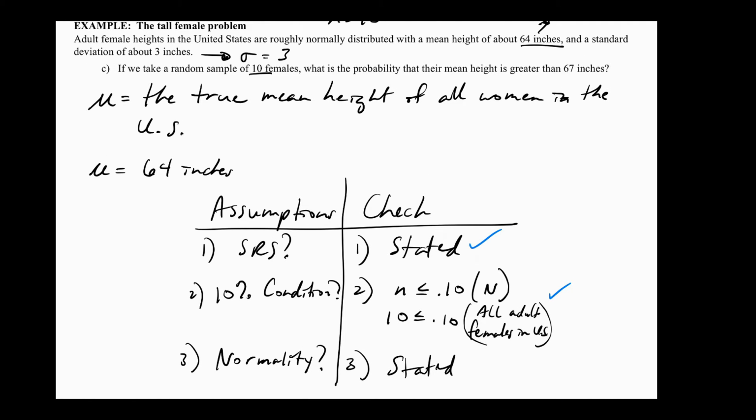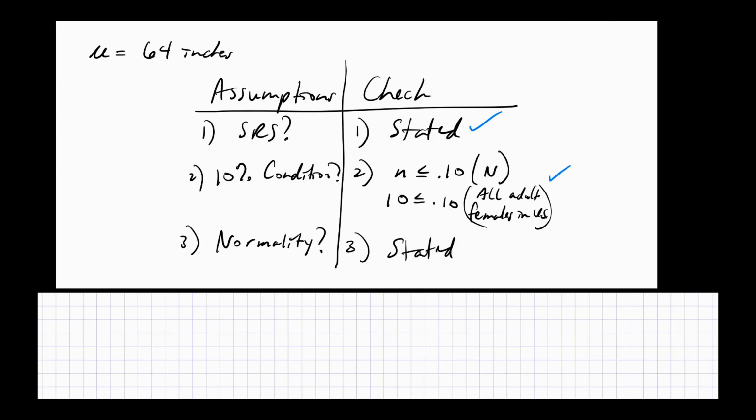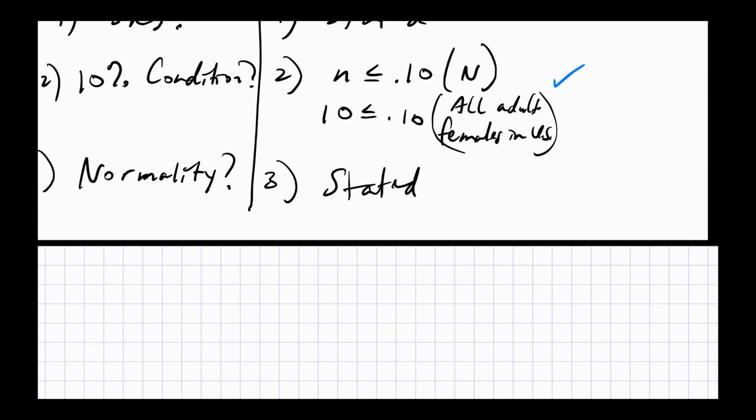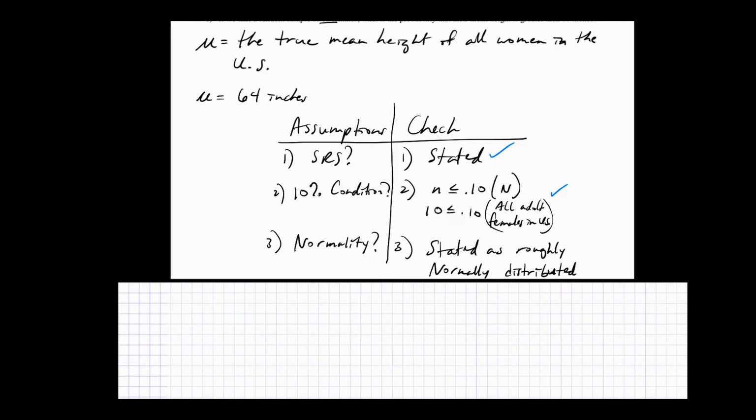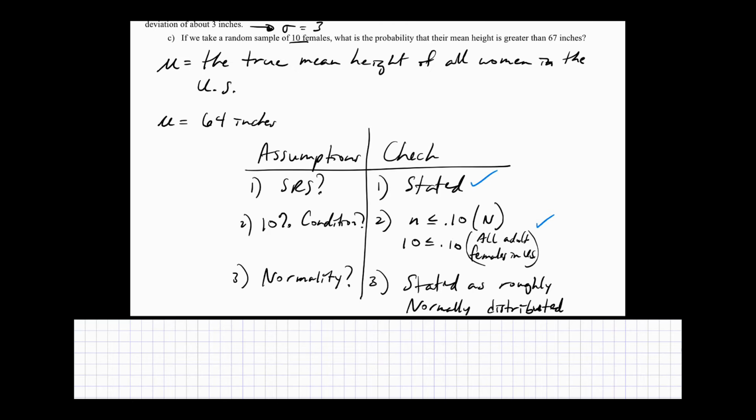Let me highlight it again. As normally distributed, roughly normally distributed. Okay. Done. So point here, point there.